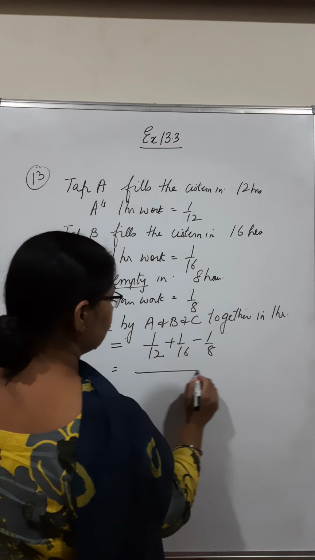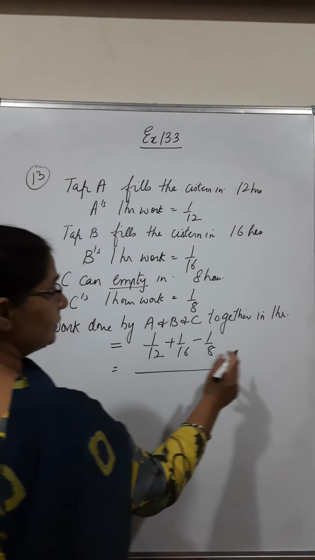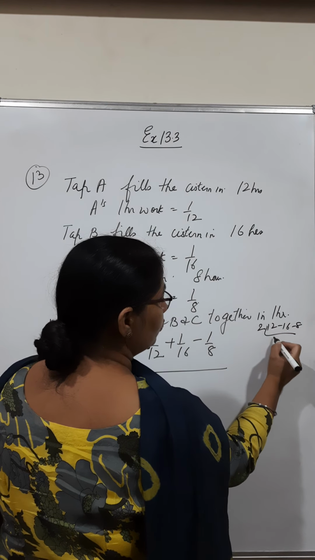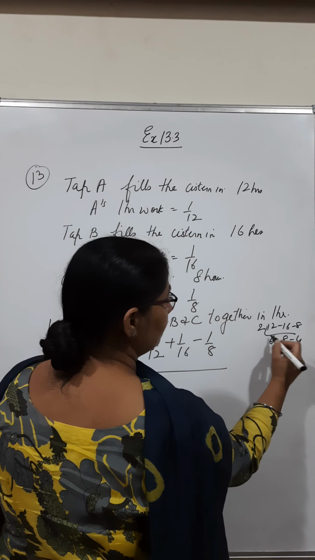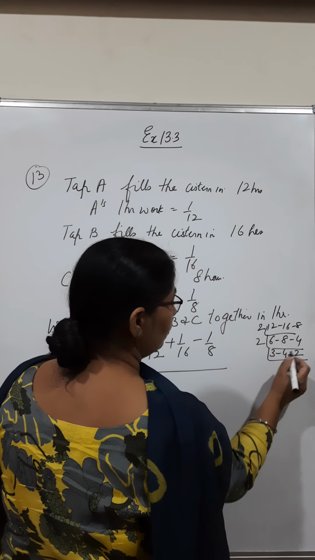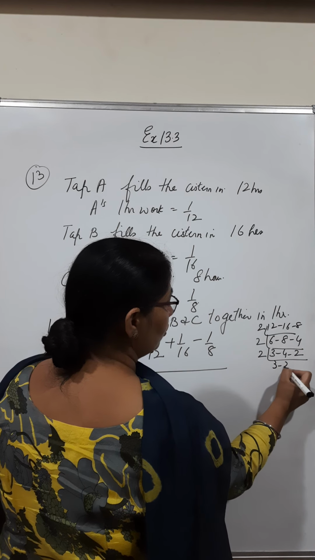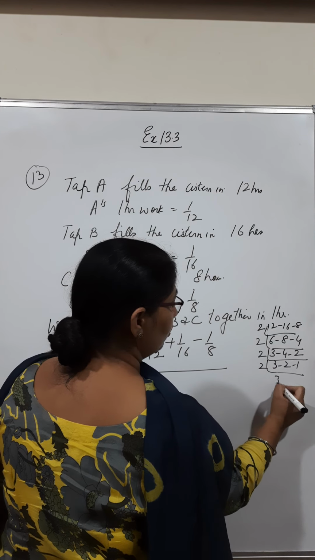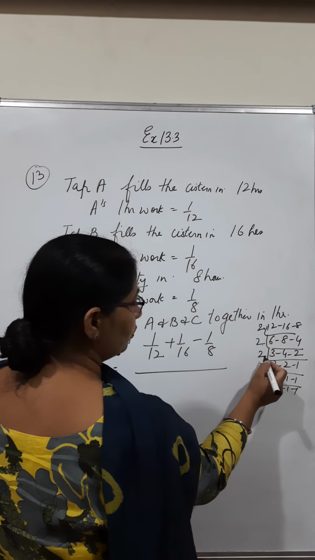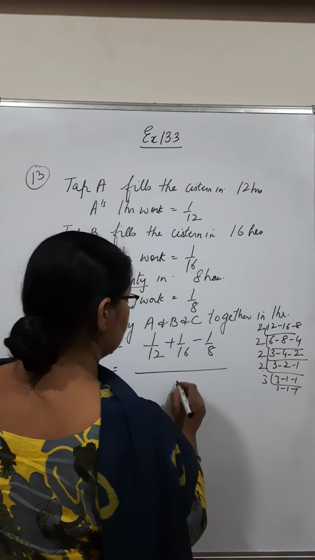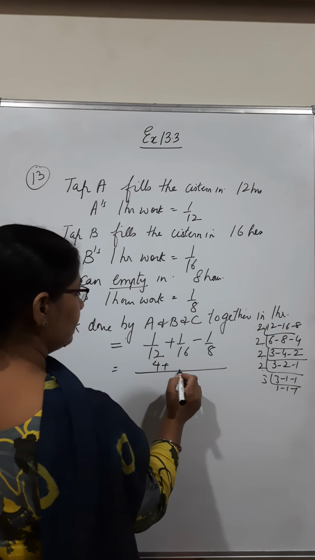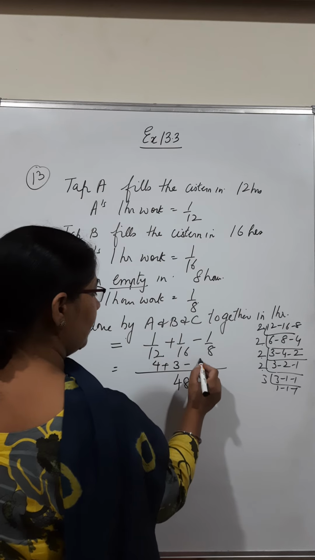So we take the LCM of these numbers, 12, 16 and 8. 2 6s are 12, 2 8s are 16, 2 4s are 8. The LCM is 48. So 12 4s are 48, 16 3s are 48, 8 6s are 48.